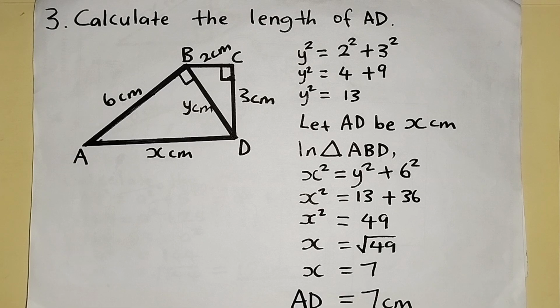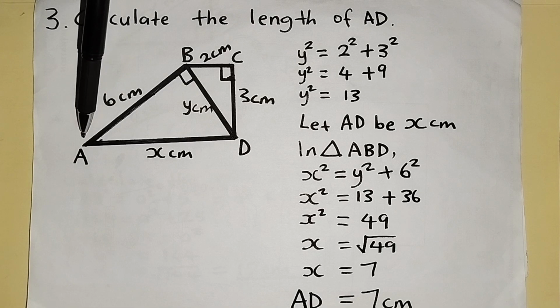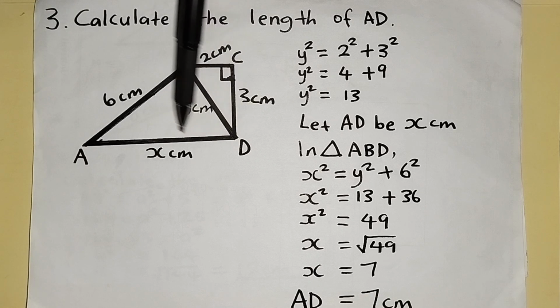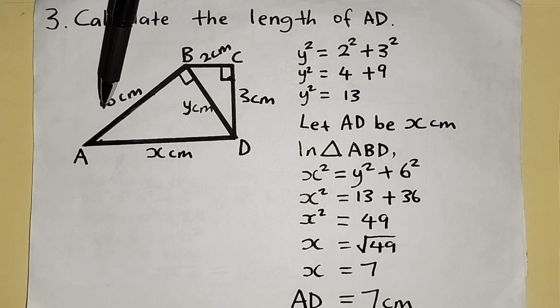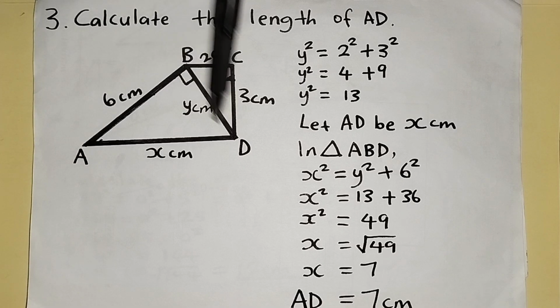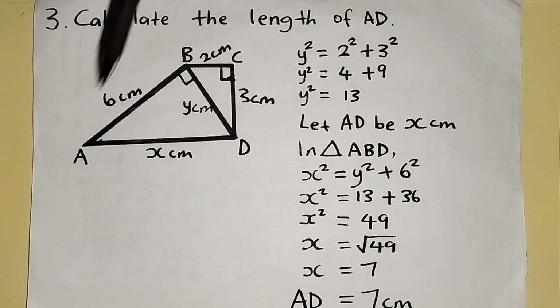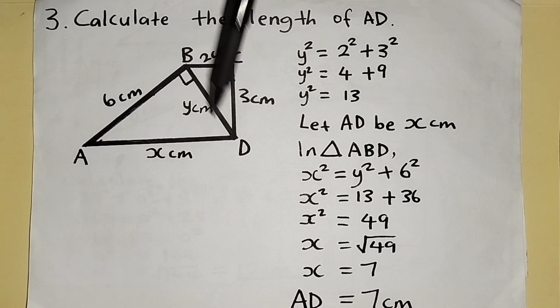If you check very well, you can see that AD is on the right angle triangle ABD. So you cannot straight away use triangle ABD to find this AD. Why? Because on triangle ABD, there are two unknown sides.